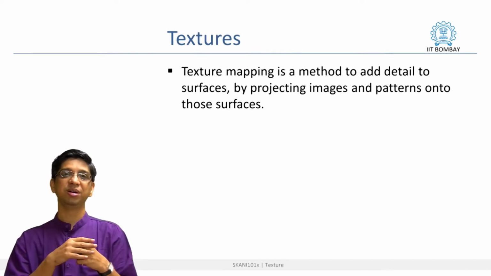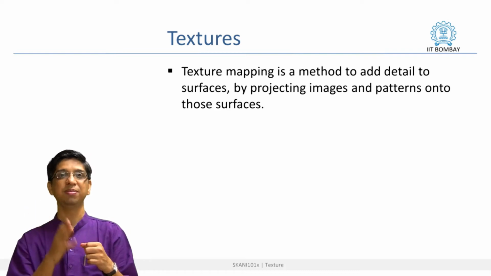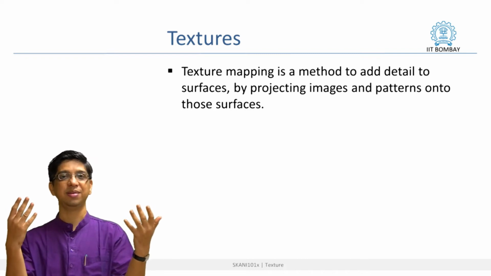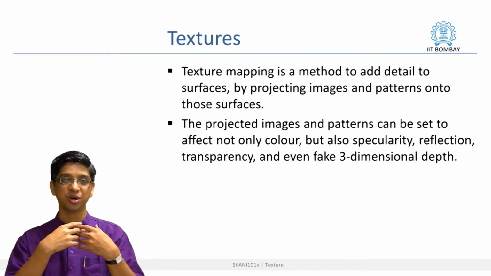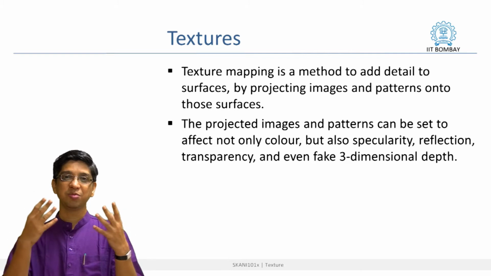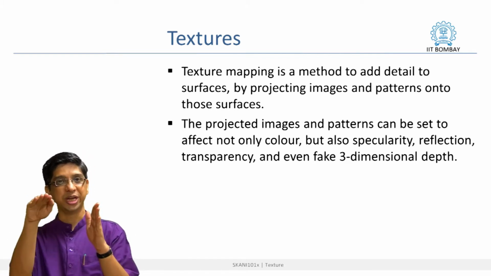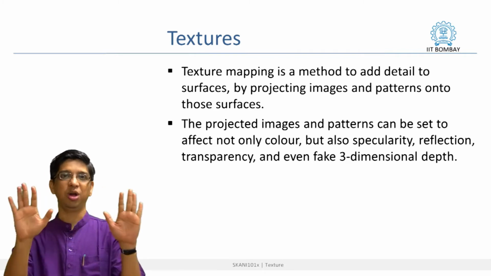In fact, textures are used so nicely by modelers. For example, you want to make an entire city at times, the requirement is that you have to show a complete city, and it is not possible to model each and every window and window shade coming out and all that on a wall.